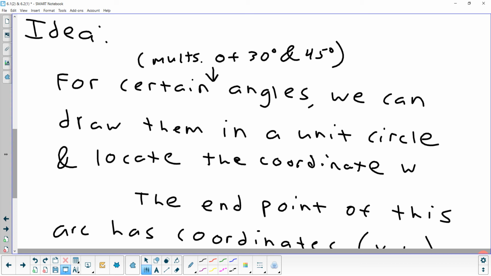Locate the coordinate where the terminal side intersects the circle.